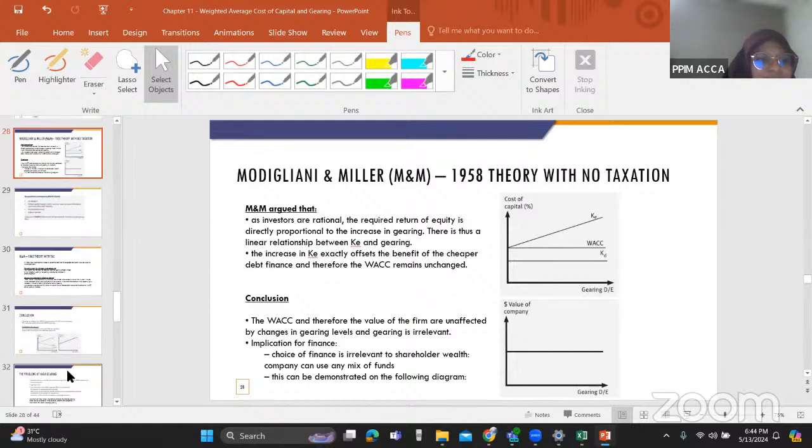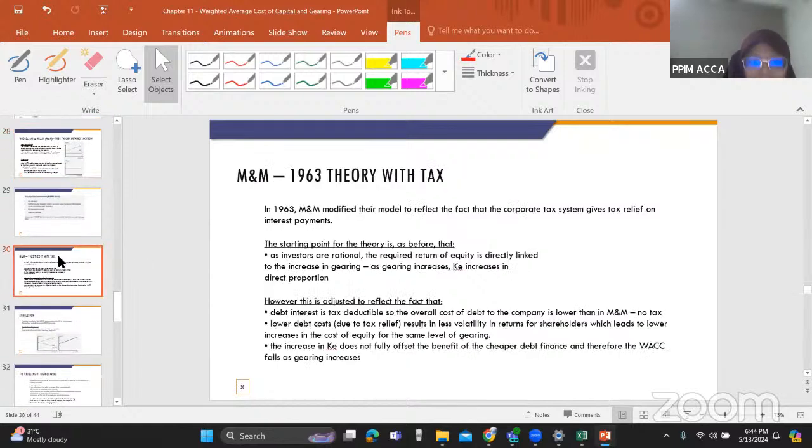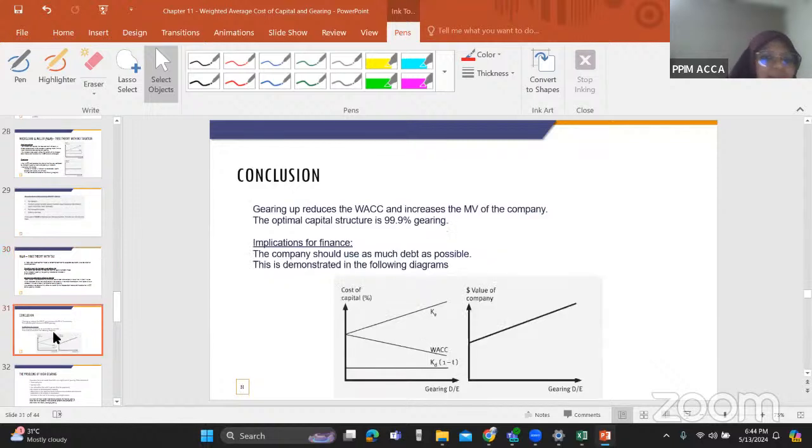Then they came up with another theory with tax. Here, what are they saying? They're saying the cost of debt is constant, yes, but when you take a bank loan, you will pay interest. Whenever you're paying interest, there is a tax savings component involved. Why is that the case? Because unlike dividend, which is deducted after tax, interest is deducted before tax.